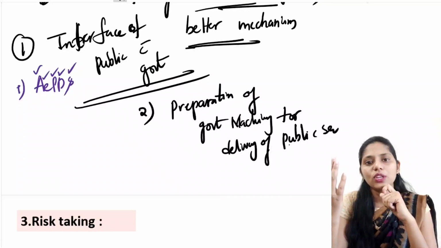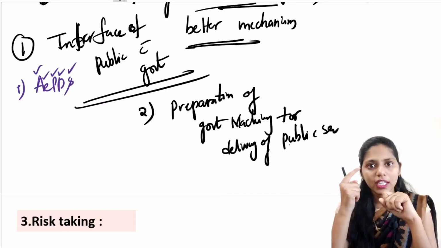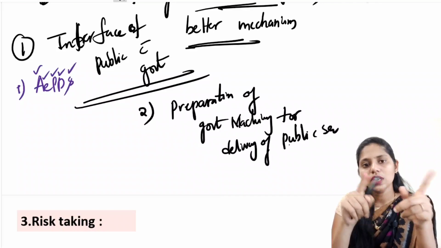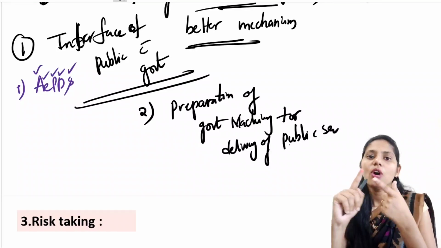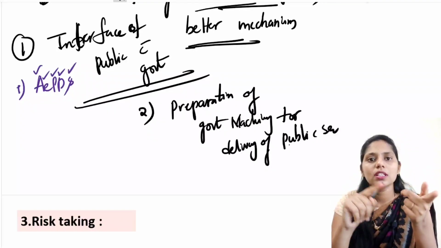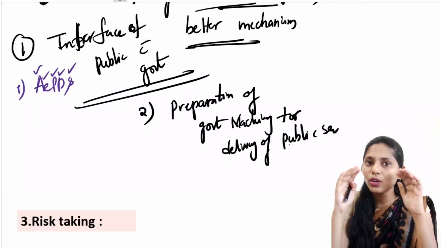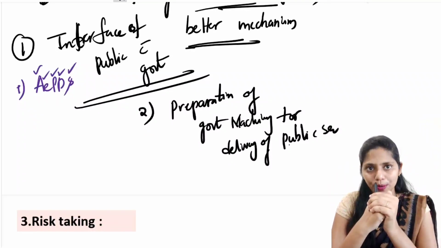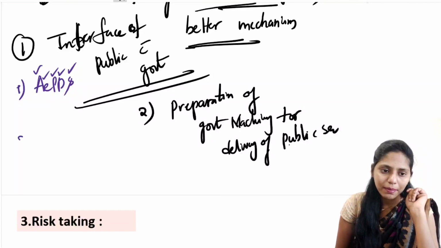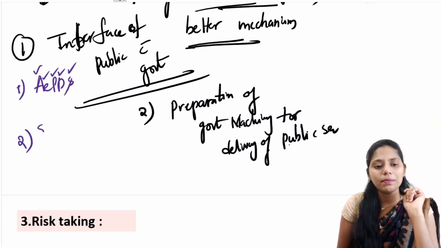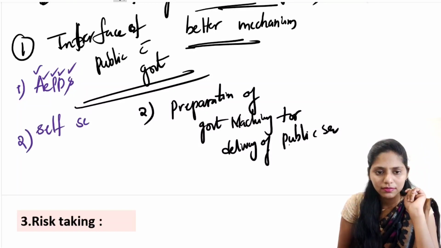Whenever you are getting your Aadhaar card, you will also get your iris scan there. So here we are linking your iris scan or fingerprints to the PDS, mainly to decrease the leakages or loopholes. So this is the first important example. And the next one is we need to come up with this self-selection.